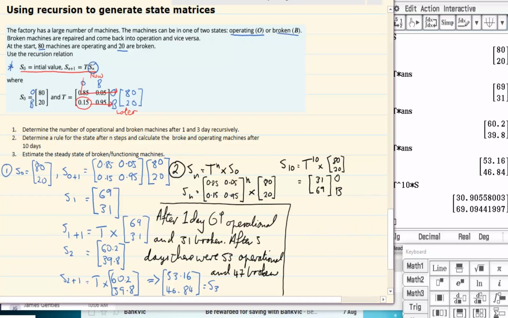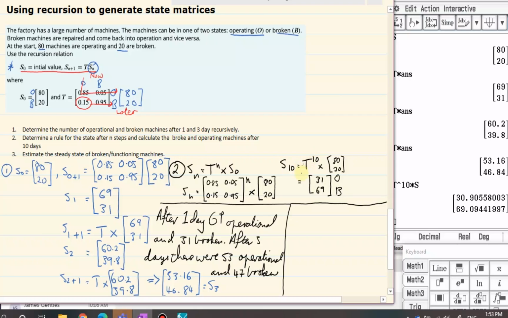Okay. Last question asks us to estimate the steady state of broken and functioning machines. So this is where we have to come up with two consecutive powers to which we apply the transition matrix, where the number of machines in the operational and broken state are steady for the two.